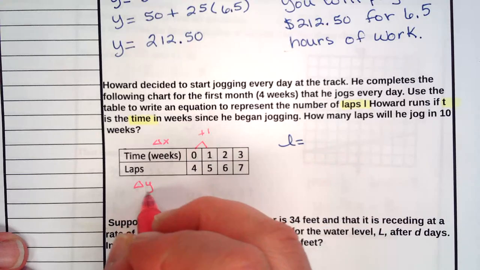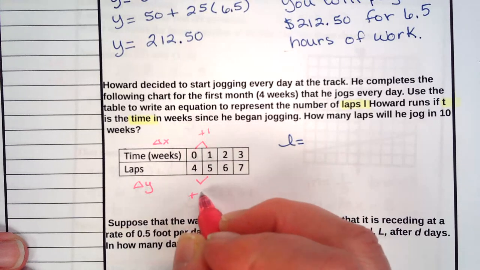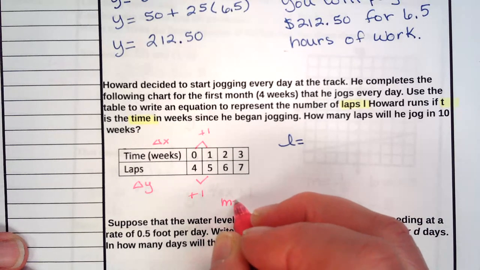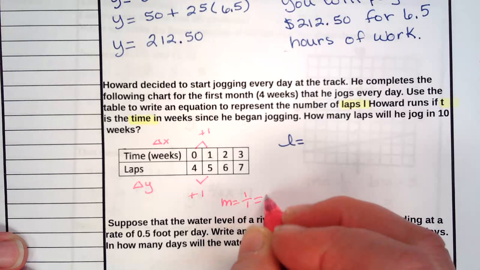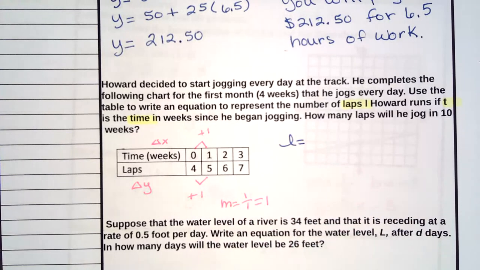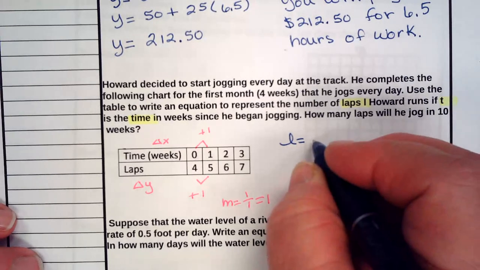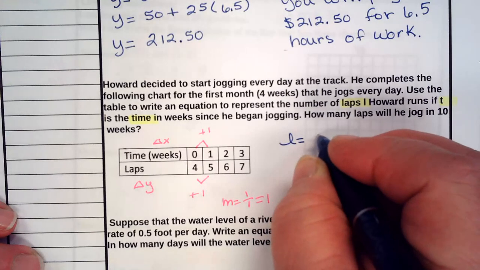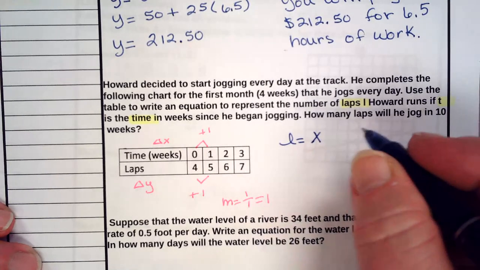My delta y, I add 1. So my slope will be 1 over 1, which gives me 1. I'm multiplying by 1. Do I need to put it in there? No. So this would actually be 1x, but we'll just put the x.